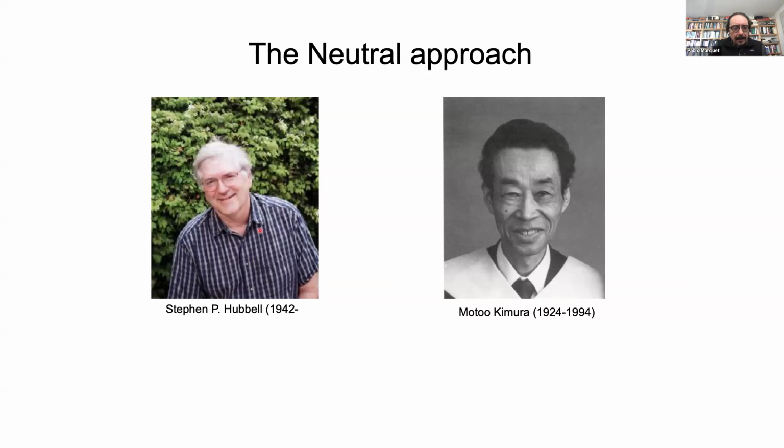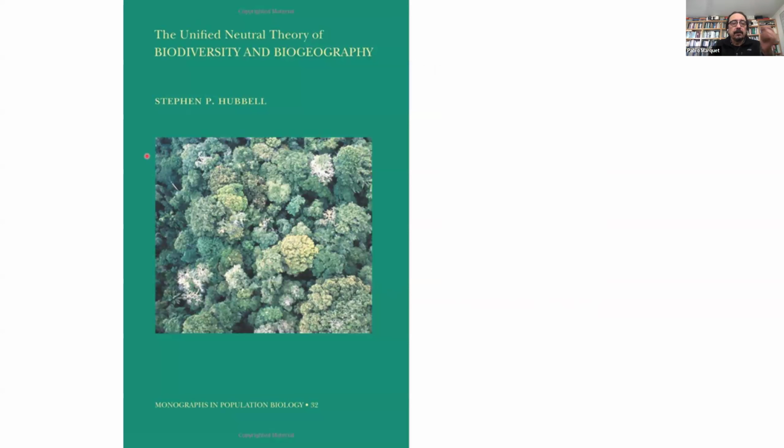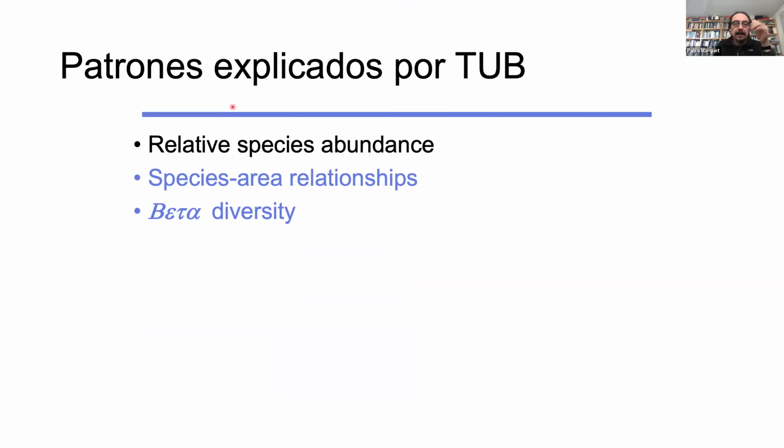So Steve set out to do that, and he came out with this book in 2001, The Unified Neutral Theory of Biodiversity and Biogeography, which was able to predict a lot of different patterns, like the relative species abundance, the species-area relationship, and beta diversity, or the decay of diversity with distance.